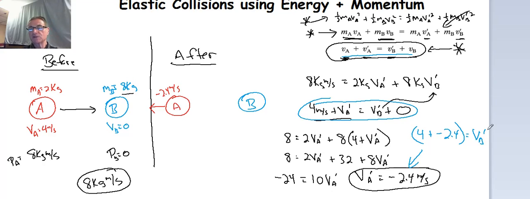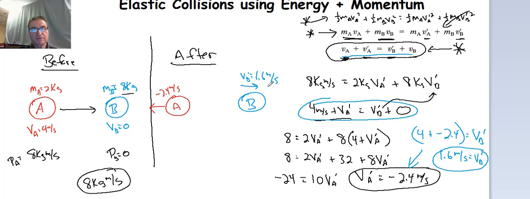And so 4 minus 2.4 is 1.6. So 1.6 meters per second is Vb prime. That's how fast B is going to be going.